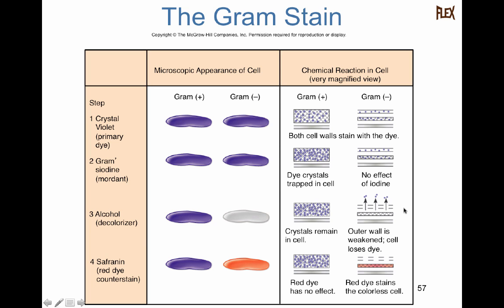But because you have a thinner layer, the outer wall is weakened, the cell loses the dye, and then following this fourth step where you're adding what's called a counter stain, in this case it's safranin, the gram-positive is not affected. The gram-negative will actually retain and take up that counter stain, and in the end will turn pink. So again, gram-negative pink, gram-positive purple.